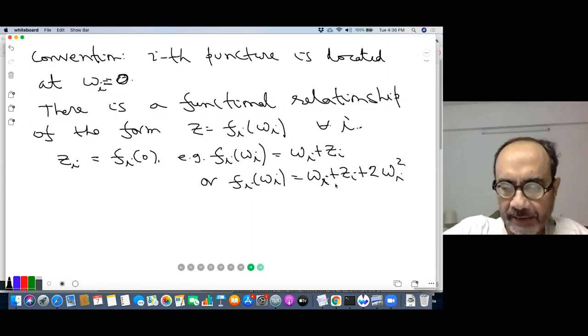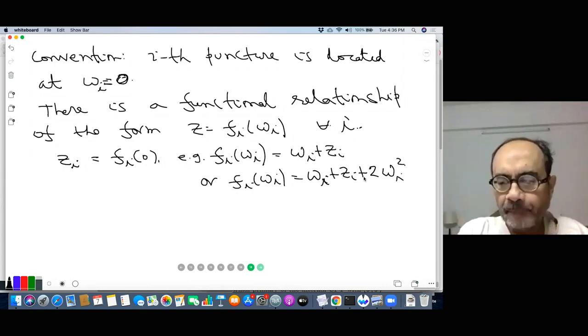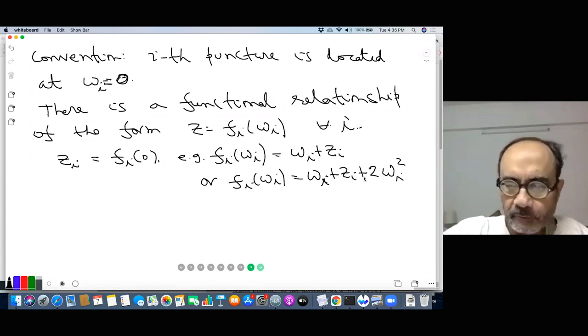The only condition that we impose is that around the point wi equal to 0, the map between z and w should be 1 to 1. Of course it need not be 1 to 1 everywhere. For example, if z is wi plus zi plus wi squared, then when you try to solve for wi in terms of z, there are branch points, so there's not a unique solution. But all you need is that near wi equal to 0, this function is 1-to-1 and analytic.